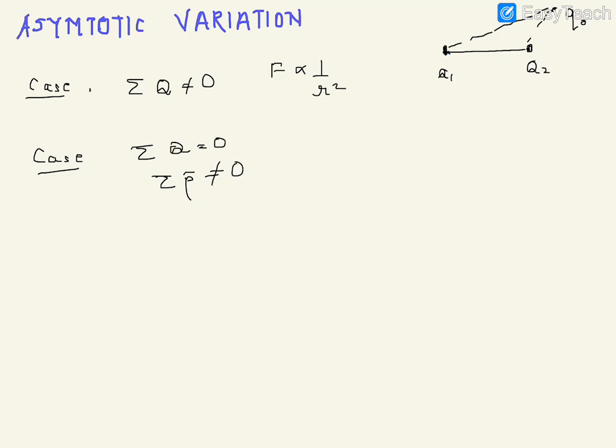So let's say my Q1 is positive and Q2 is negative. So I have my dipole on this side. It's not equal to 0, right? Then at point Q0, my force will be proportional to 1 by r cube.